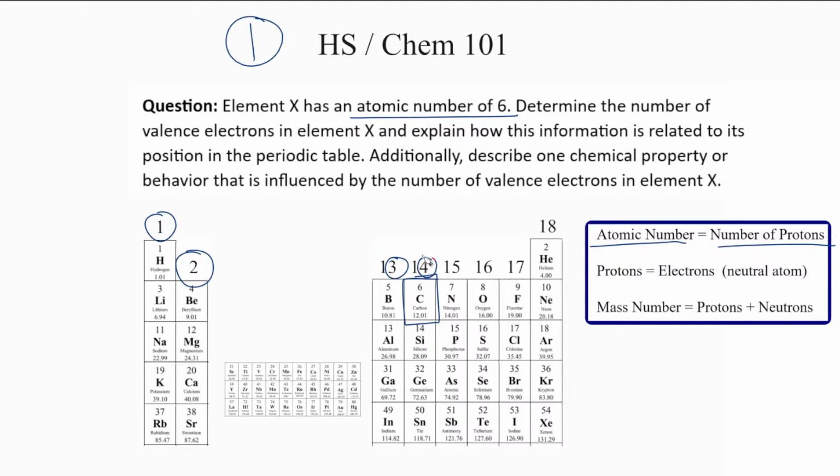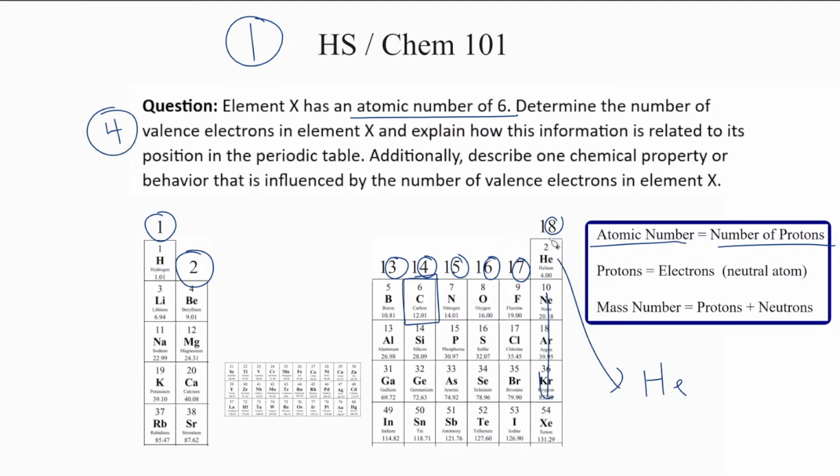And 14 has 4, and there's carbon. So we know that element 6 has 4 valence electrons. The group number tells you the number of valence electrons. Group 15 has 5, 16 has 6, 17 has 7. Group 18 has 8. The exception is helium, because helium only has 2 valence electrons.